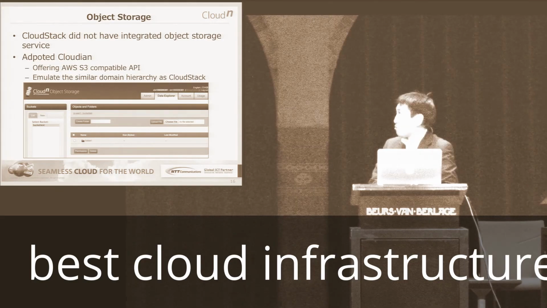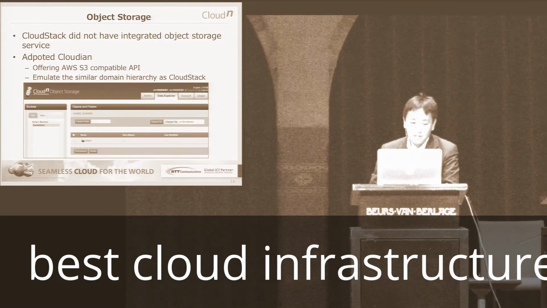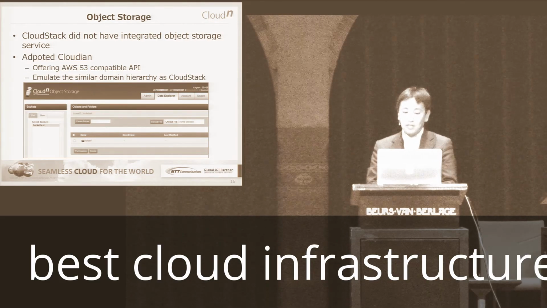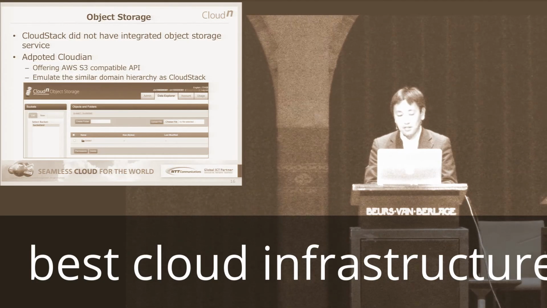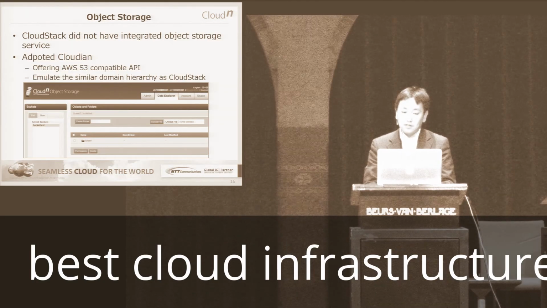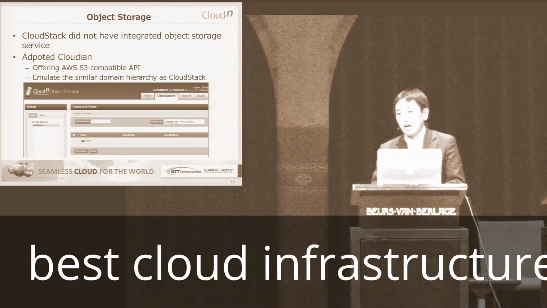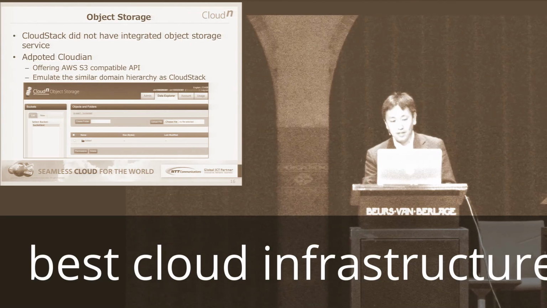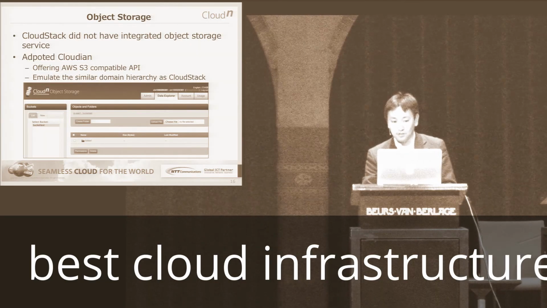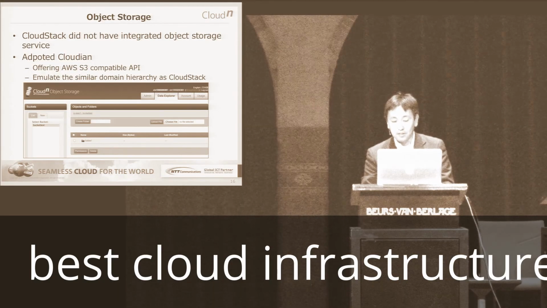So there are other AWS compatible services. Object storage. Again, CloudStack didn't have an integrated object storage service. Of course, CloudStack has the ability to use external object storage as a place to have template files, as a secondary storage, but which is not disclosed to the customer.